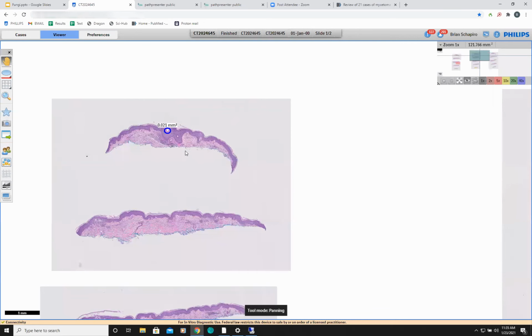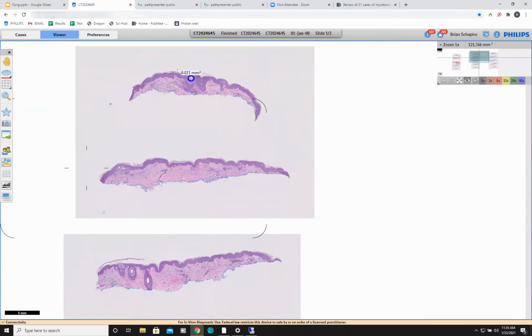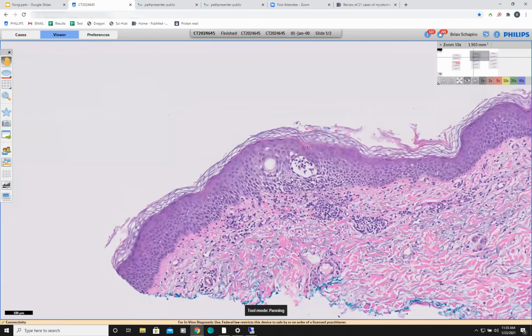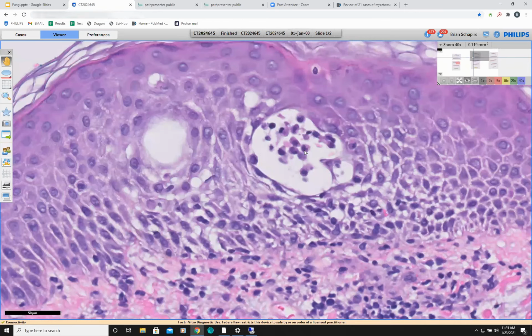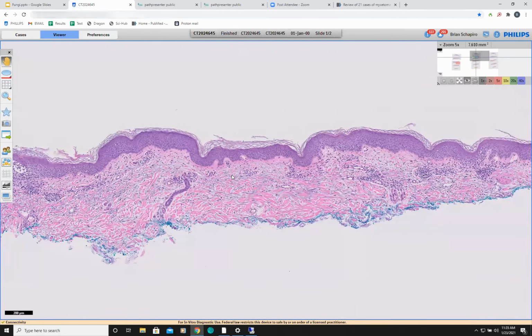And here's another case of ours, a little shave biopsy. Even on low power, you can see there's some spongiotic change here with the intraepidermal vesicle, spongiosis, perivascular lymphoid infiltrate, not a lot of eosinophils. Maybe a few Langerhans cells over here, not much scale.